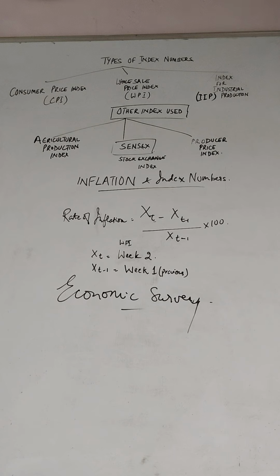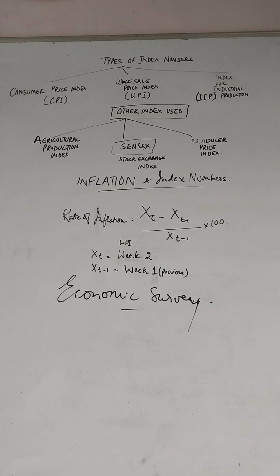And of course, it's difficult to take into account the quality of the products. In modern times, the qualities of products are fast changing, and these changes are not reflected in index numbers. Especially if you see electronic items, the quality just changes overnight, with so many inventions down the line.